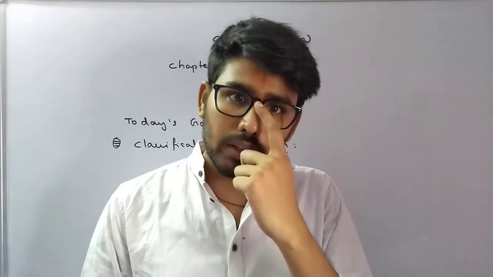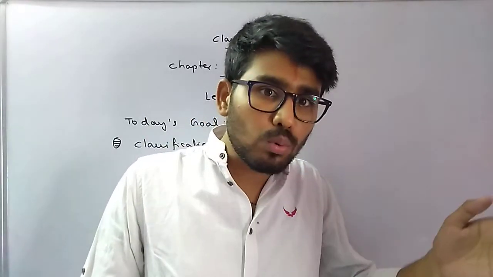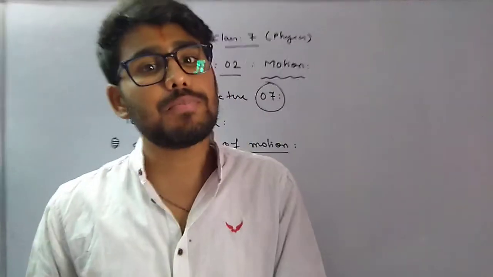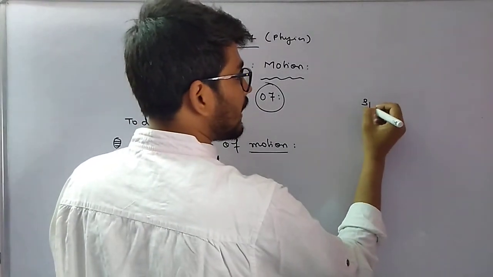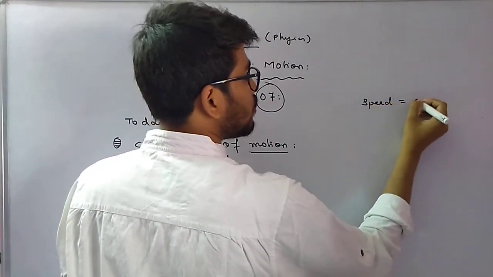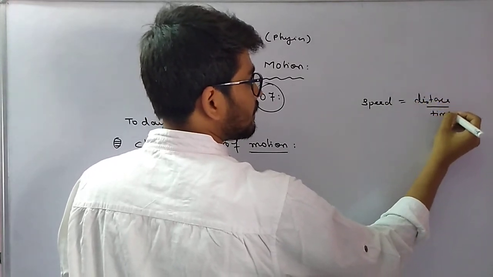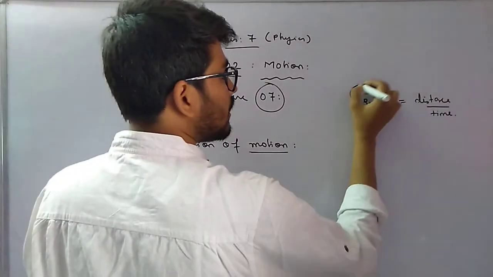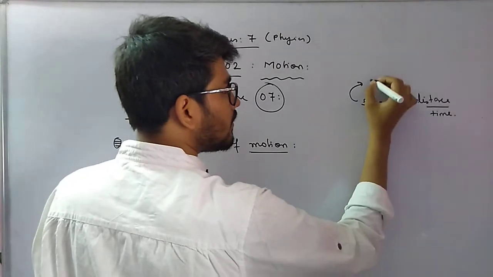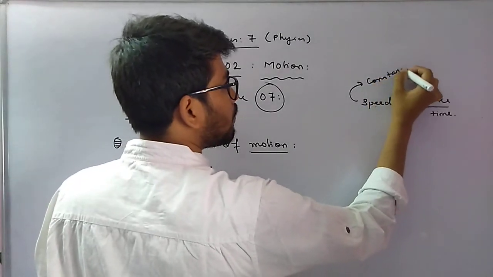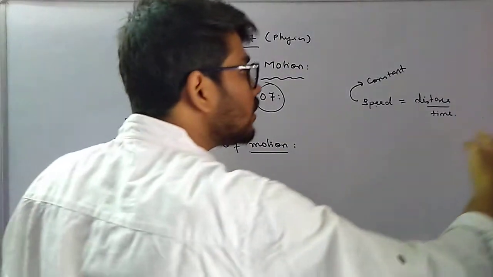Now if a body happens to move with a constant speed, then there exists a relation of this kind. Speed is equal to distance by time, provided the speed is constant, that is the body is moving with the same speed throughout the journey.